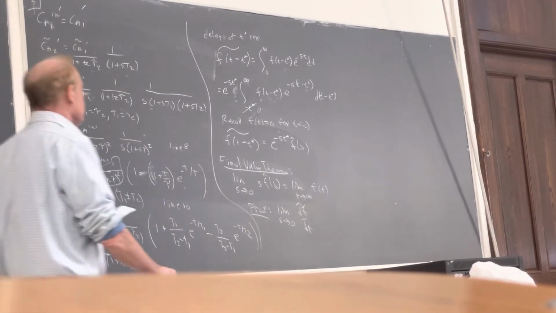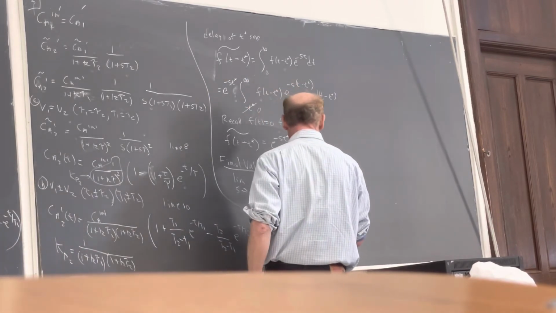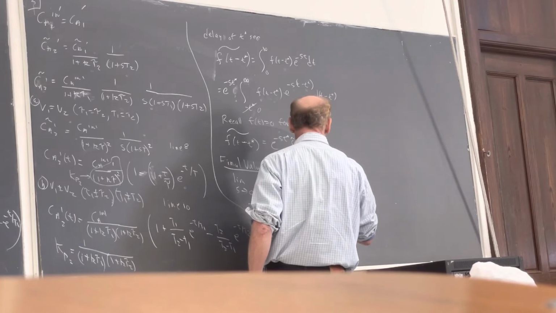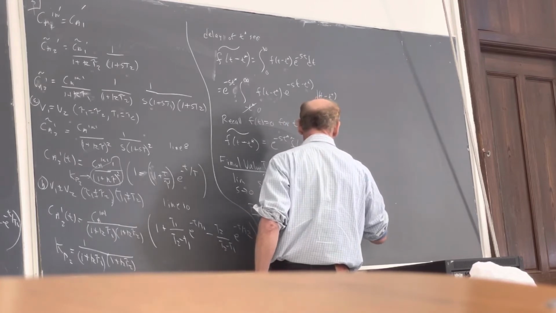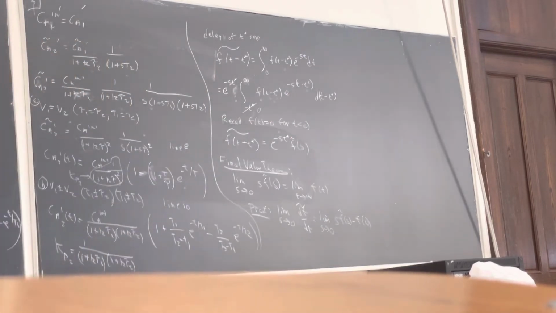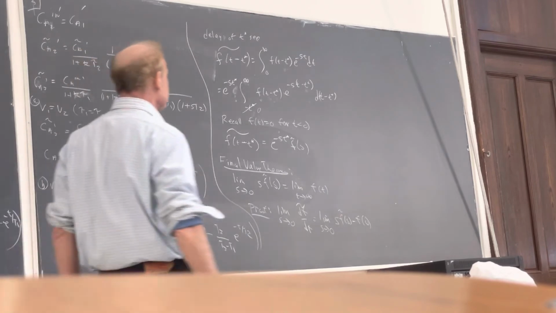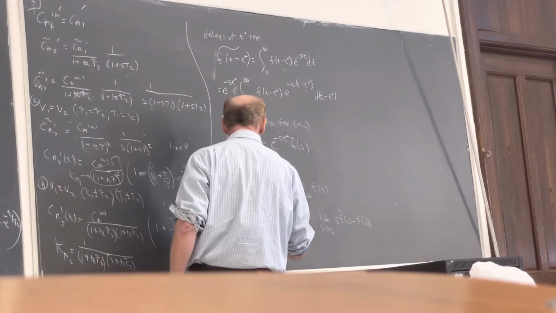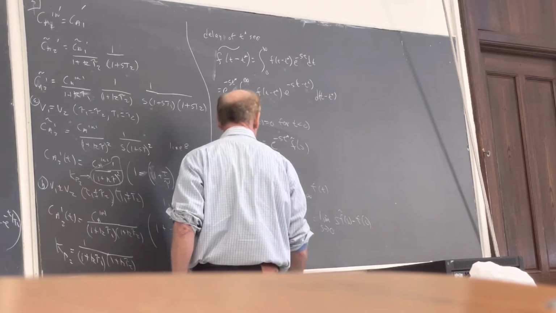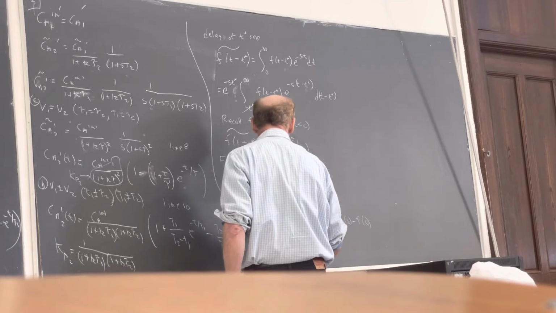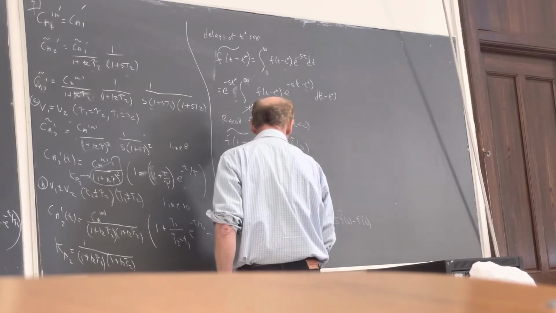So this is equal to the limit as s goes to 0 of s f tilde of s minus f of 0. But let's go back to the definition. From the definition, it's also equal to the limit as s goes to 0 of the integral of df/dt e to the minus st dt from 0 to infinity.